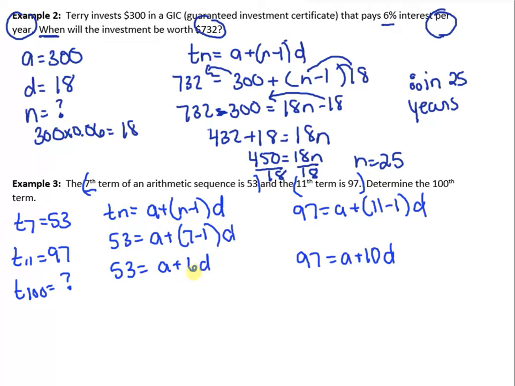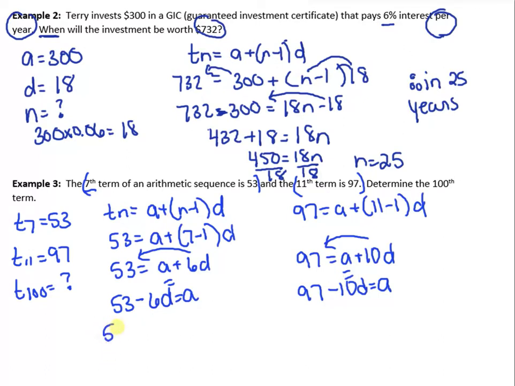Okay, immediately I see that a and a are already by themselves. So I'm going to move these d terms over. I'm going to get 53 minus 6d equals a, and I'm going to get 97 minus 10d equals a. I'm going to set these equal to each other because we know a, of course, equals a.